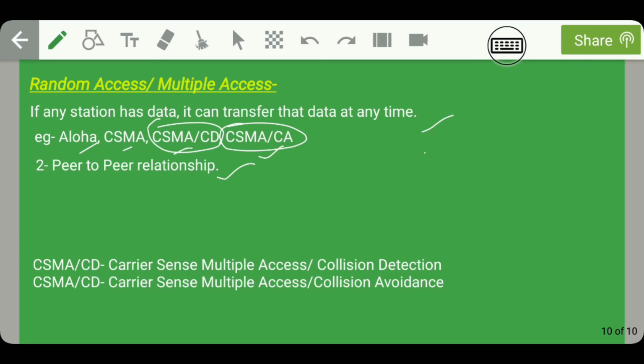Guys, we need not go into detail about CSMA/CD and CSMA/CA. We just need to remember the full forms of these two terms for our IES exam. The full form of CSMA/CD is carrier sense multiple access collision detection, whereas the full form of CSMA/CA is carrier sense multiple access collision avoidance.